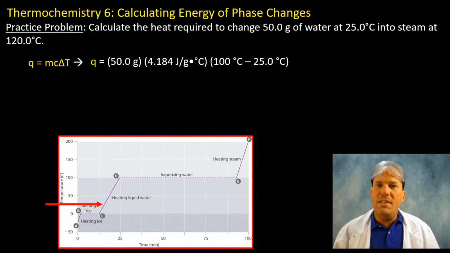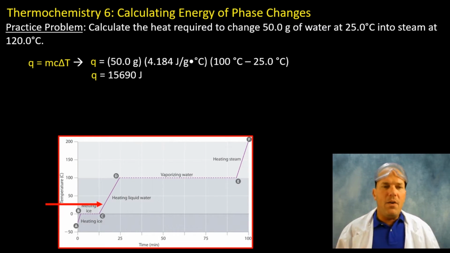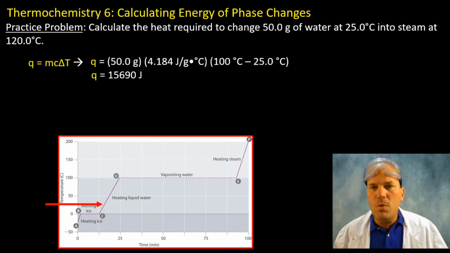So our delta T is going to be 75 degrees Celsius. Now, we can calculate Q to be 15,690 joules of energy for that segment.